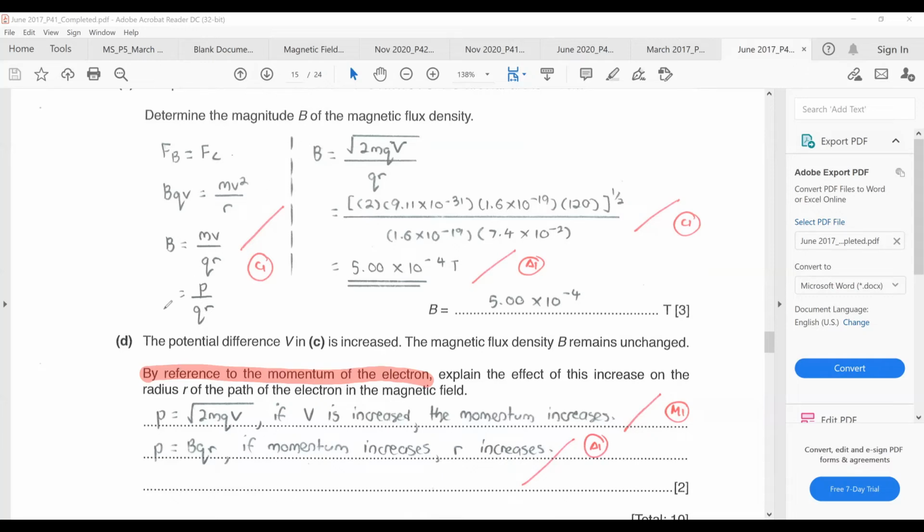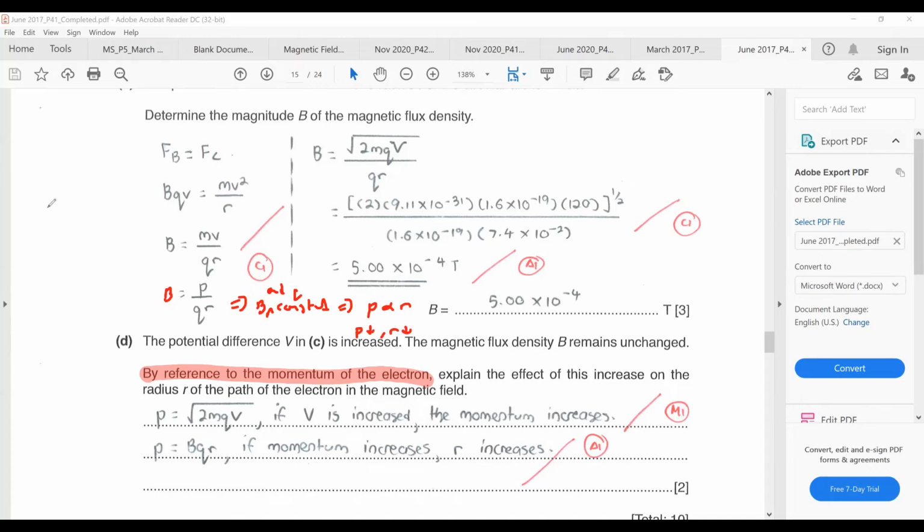Now, by looking at this one here, you can see very clearly that if B and Q are constant, P is directly proportional to R. If your P drops, your R will drop.